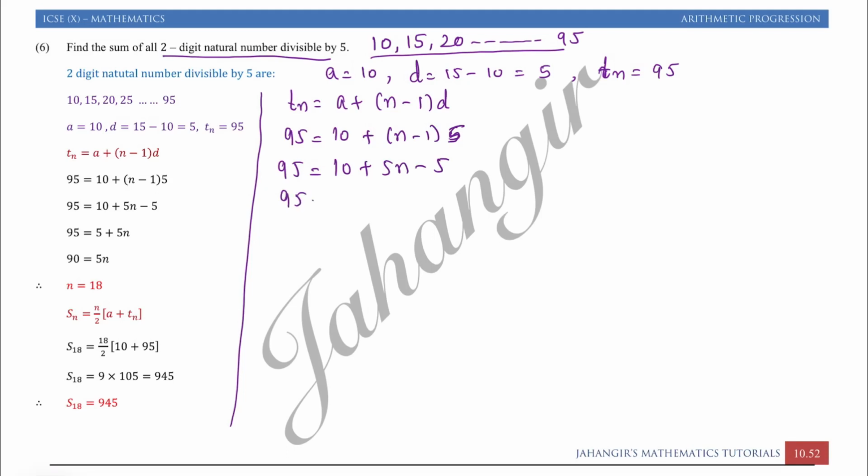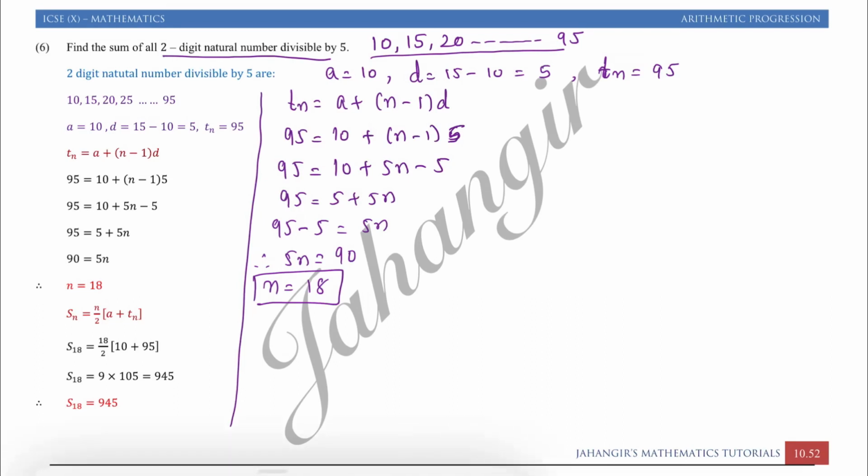So 95 is equal to 10 minus 5 is 5 plus 5n. Just shifting 5 to the other side, 5n is equal to 90, n is equal to 18. So the number of terms we are getting is 18.